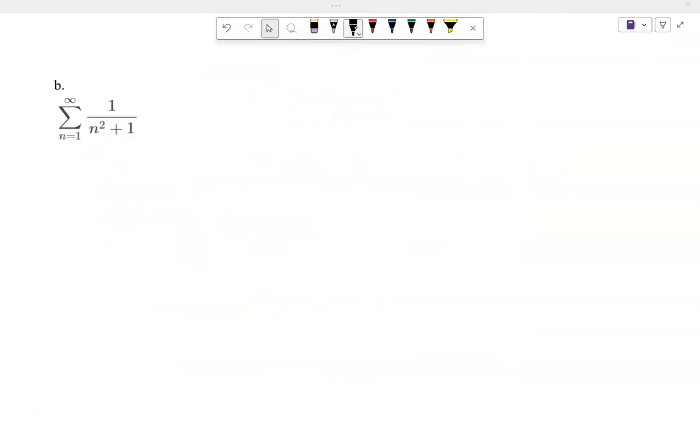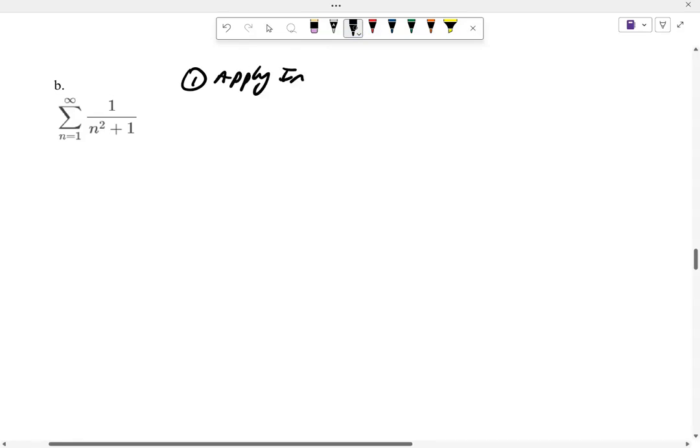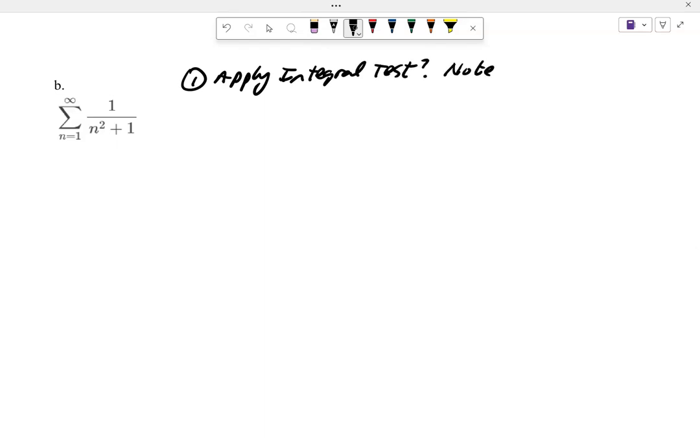Let's use the integral test again on this one. Does the integral test apply? Well, note that f of x equals 1 over x squared plus 1 is positive, right? I'm thinking of values if I plug in 1, plug in 2, plug in 3, and so on.